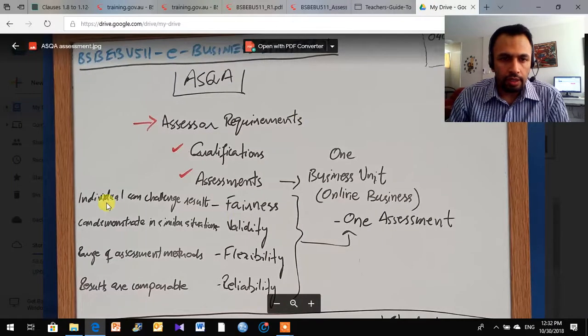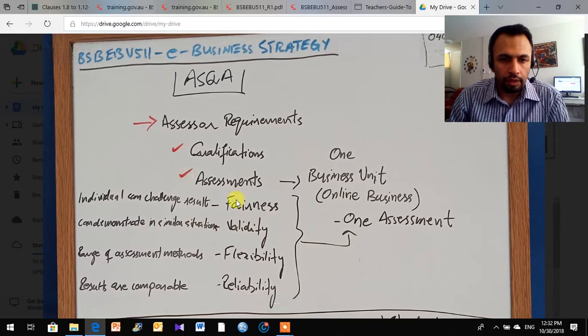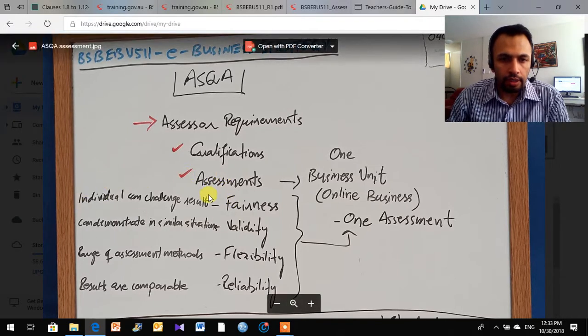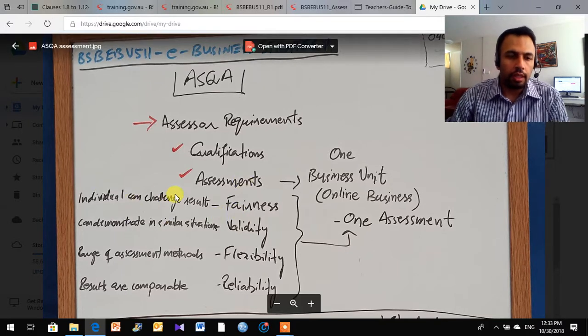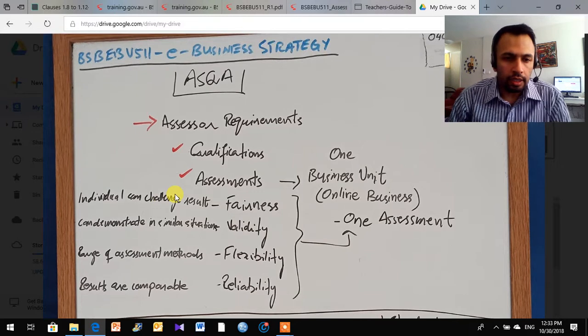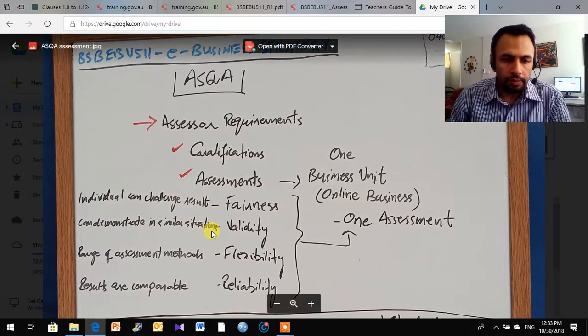So fairness means that an individual can challenge the result of the assessor, and that produces transparency in marking. Validity means that the student can demonstrate the skills in similar situations.